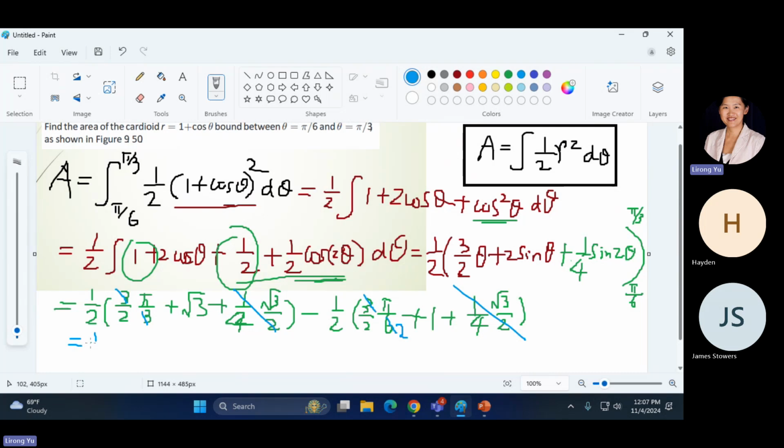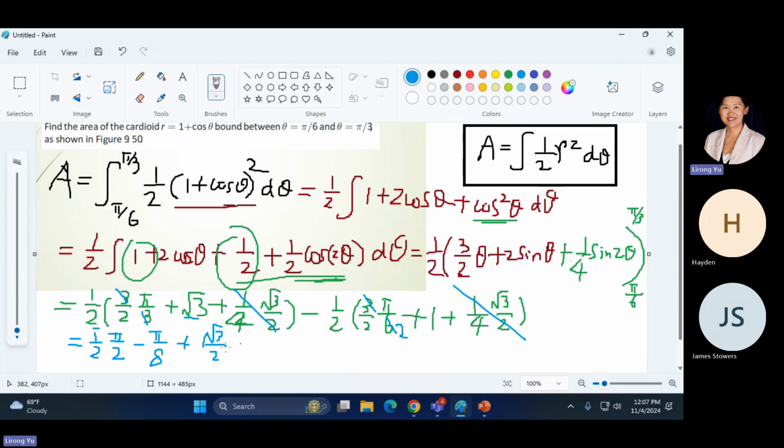So 1/2 times pi over 2 in here, that's pi over 4, minus pi over 8. And then the root 3 term is plus root 3 over 2. That's this one and this one.